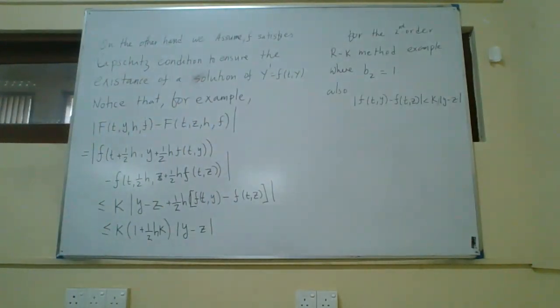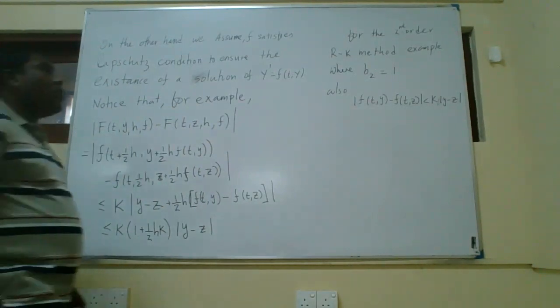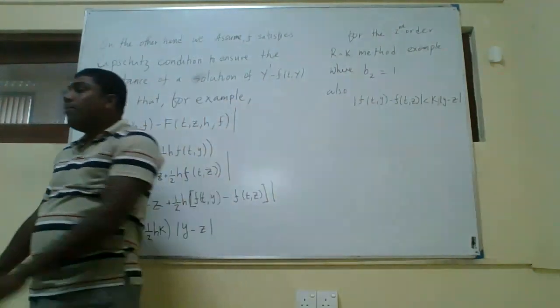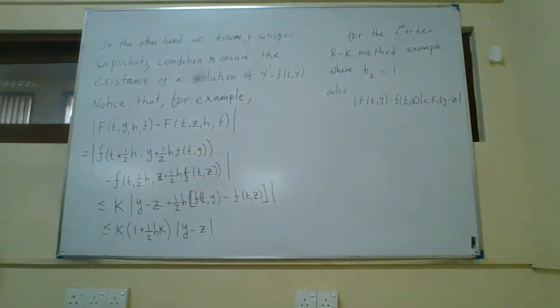So how can you set up a Lipschitz constant for this capital F? For example, if you recall the example we did at the beginning of the Runge-Kutta method, we derived a Runge-Kutta method of order 2, with b1, b2 and beta and gamma as the constants.